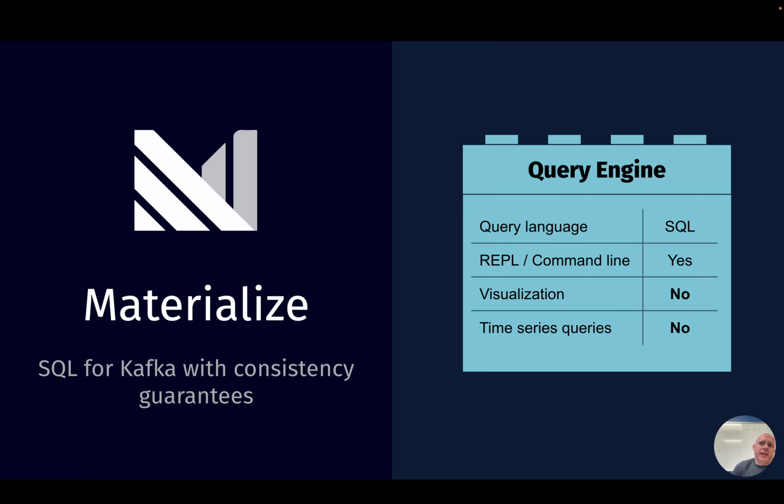Another query engine is Materialize. This is SQL for Kafka with consistency guarantees. So again, your query language is SQL. There's an interactive command line. There's no visualization and no time series queries.